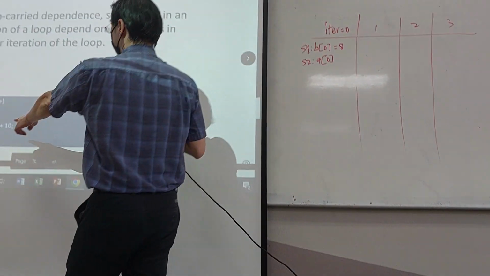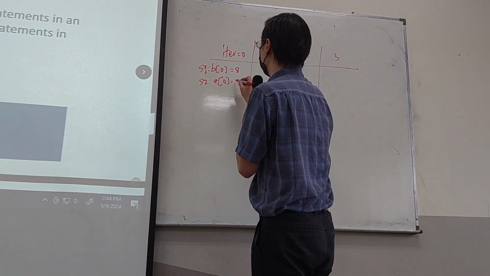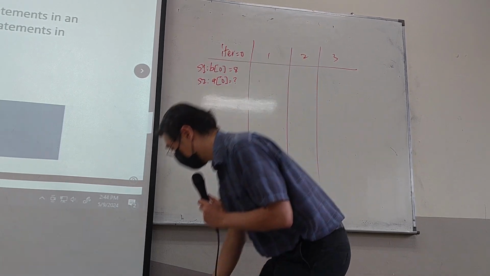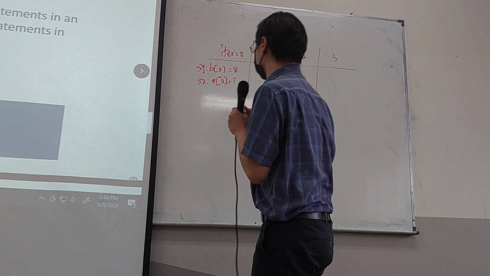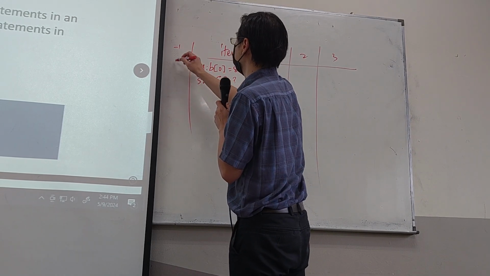We need to assume that there is some value before, which means it has iteration minus 1.